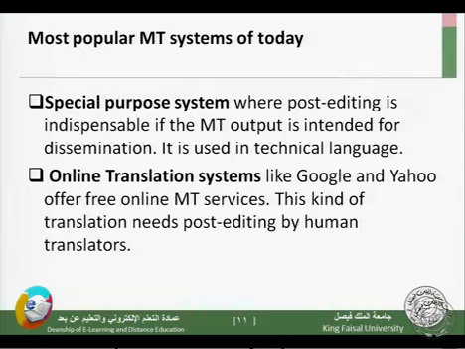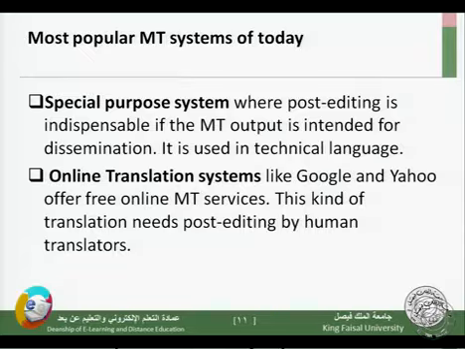Now, what are the most popular machine translation systems today? Well, the majority of you probably know them and use them. Now, we have two types. The most popular ones. We have special purpose systems, where most editing is indispensable if the machine translation output is intended for dissemination.